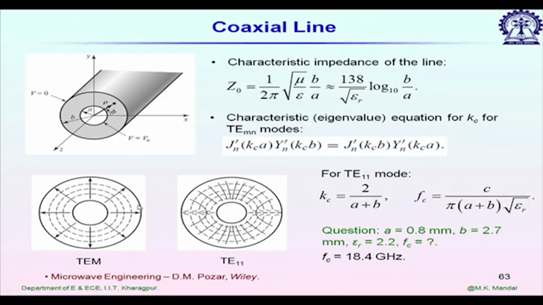If you look at the mode chart, among all TE and TM modes, the one which appears first is TE11. The electric and magnetic fields for TE11 are shown here.